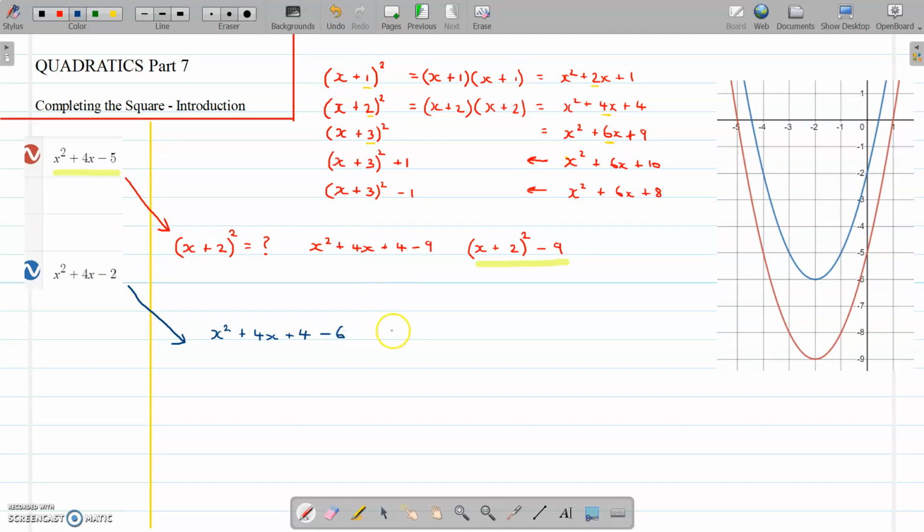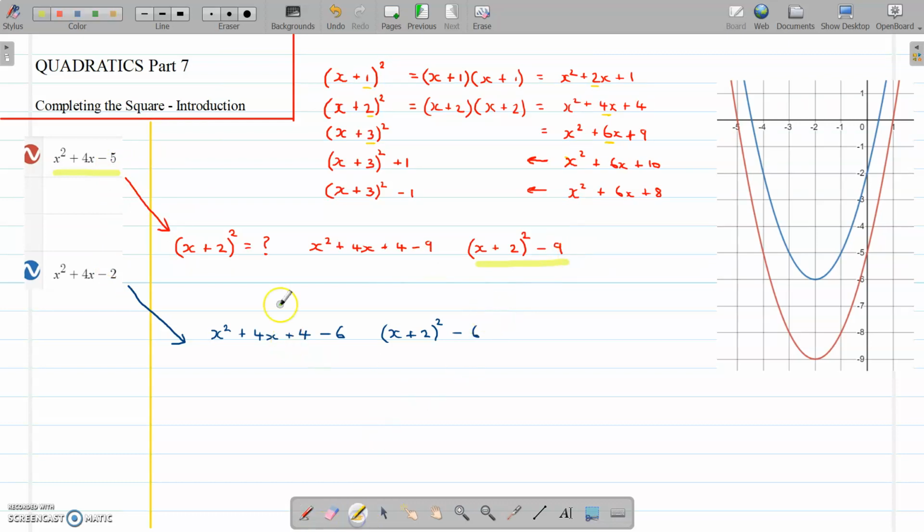So therefore, in completed square form, this is x plus 2 all squared minus 6. And that makes sense because you can see that there's a difference of 3 between these two, and there's a difference of 3 between these two.